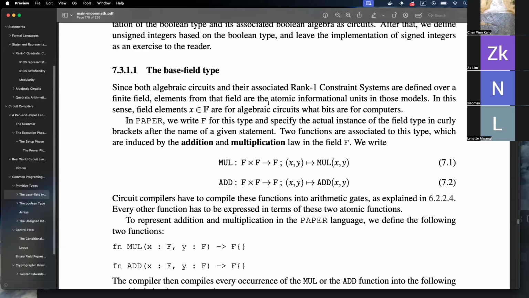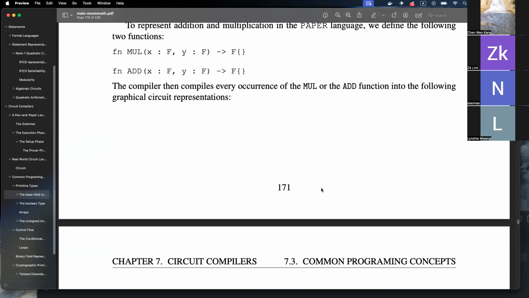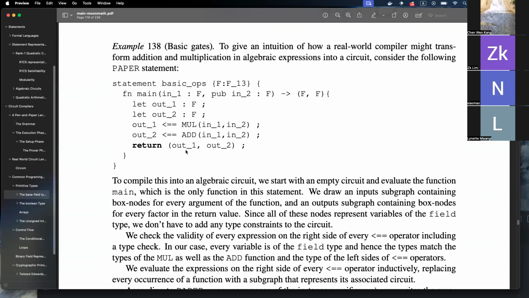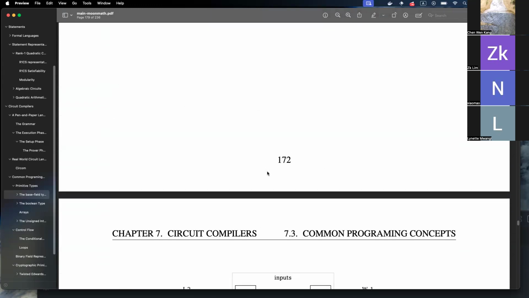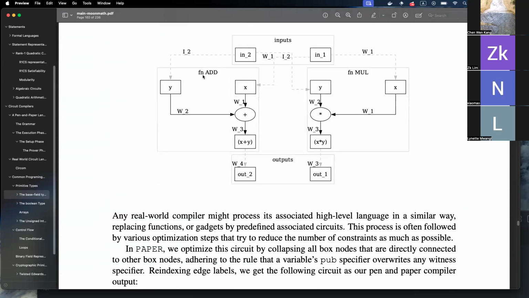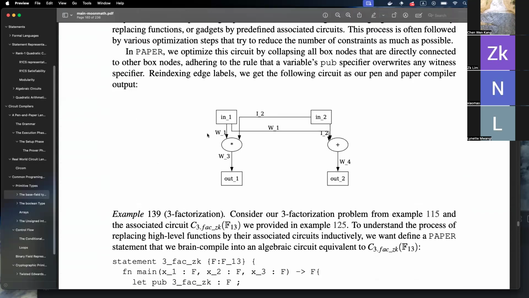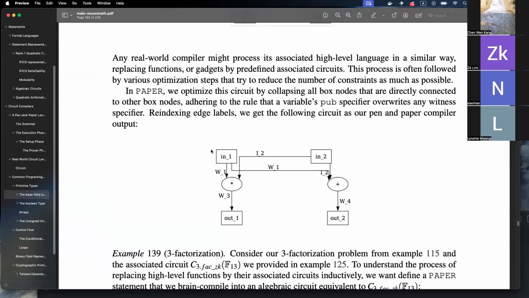Generally your circuit programming language will also have this, and these are usually implemented via other gates. In this case, this is basic ops, but it might be implemented in other gates as well, or as one of the integrated things that the compiler knows how to convert into.